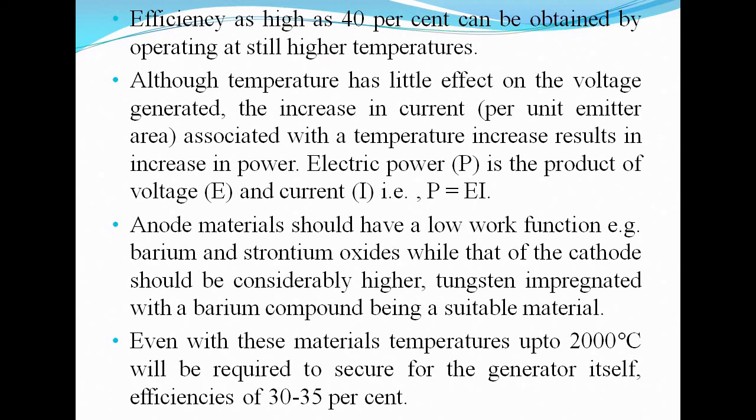Although temperature has a little effect on the voltage generated, the increase in current associated with the temperature increase results in an increase in power. Electric power P is the product of voltage E and current I, that we have seen. P is a product of voltage and current.